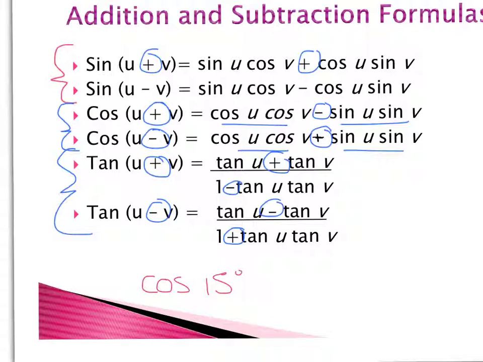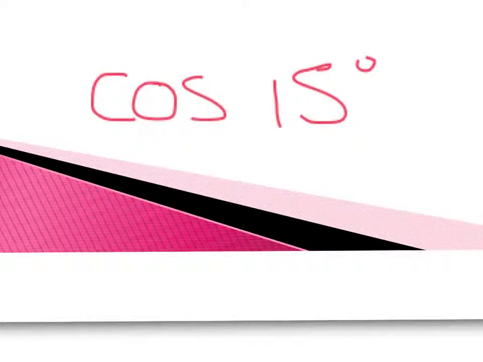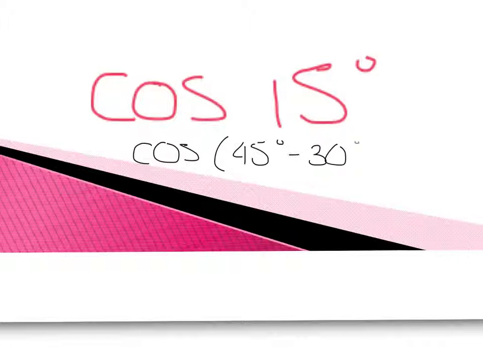Can I think of anything on the unit circle that I can either add or subtract to get 15 degrees? Good, 45 and 30. So if I can rewrite this as cosine of 45 degrees minus 30 degrees, that gives me 15 degrees. So I can find the exact value of cosine 15 degrees using the unit circle now.